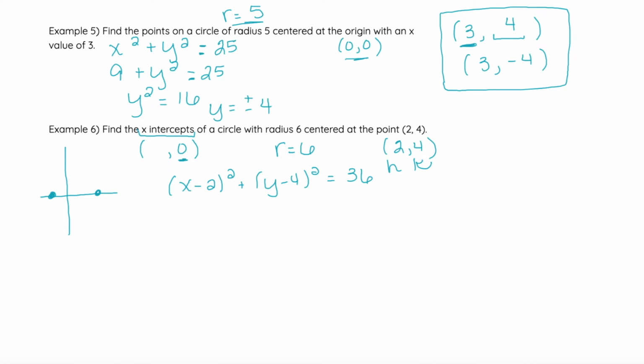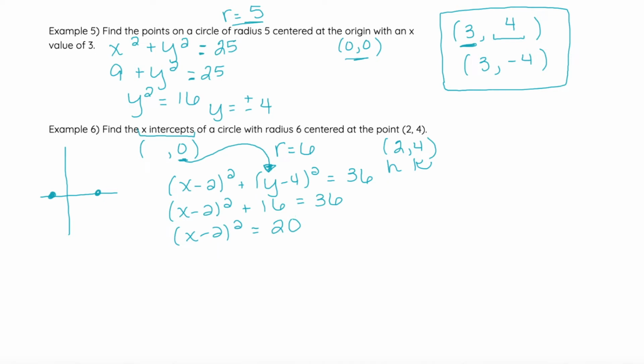So I'm going to substitute in for y my 0 and begin solving. I'll have x minus 2 squared plus 16, since I'll have 0 minus 4 and negative 4 squared is 16, is 36. X minus 2 squared is 20.